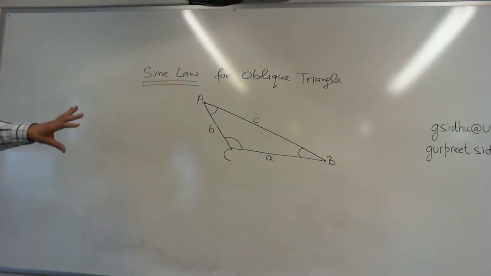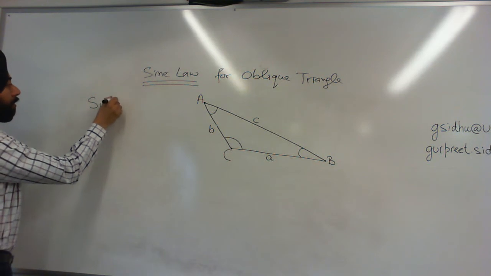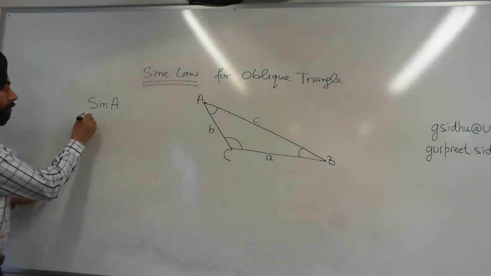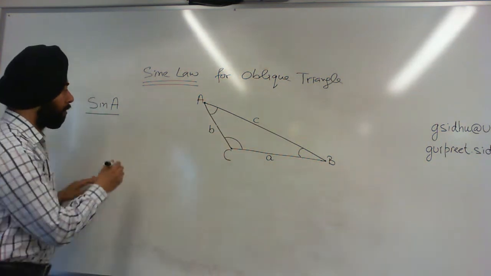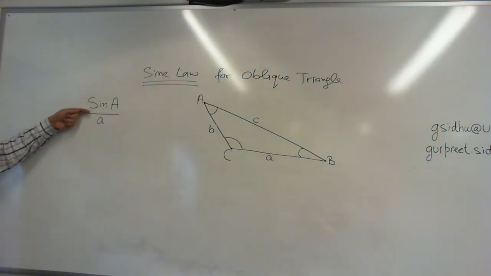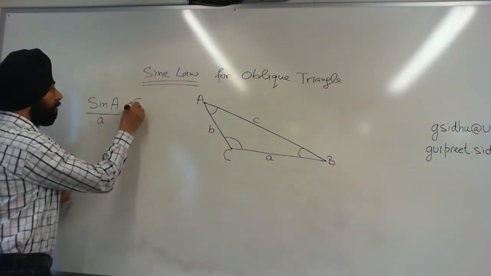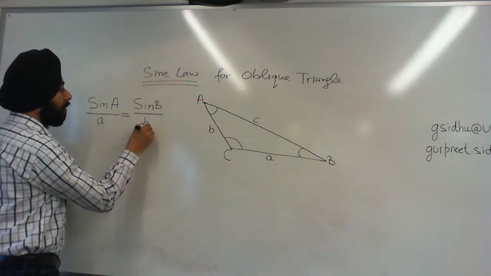Now after defining and labeling this triangle, you can write the sine law. The sine law is sine of angle A divided by the side that is opposite, small a. If you calculate this ratio, sine A to a, that ratio will be the same as the ratio of sine of angle B divided by the length b.